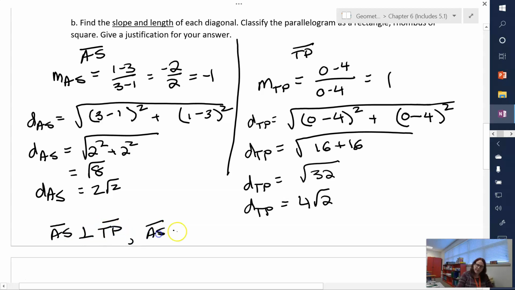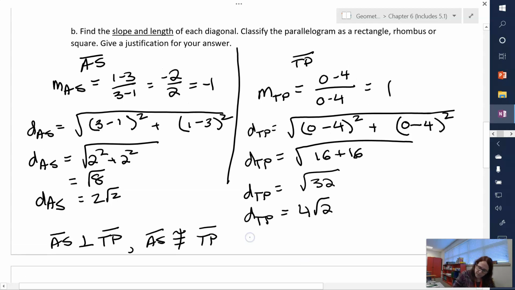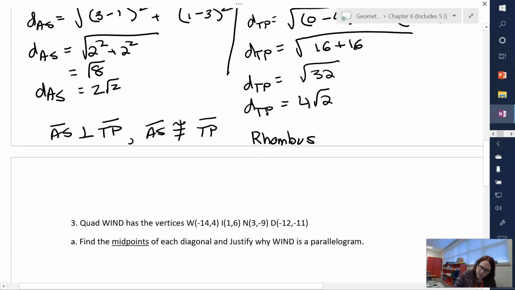Line segment AS is not congruent to line segment TP. So I don't have a rectangle, but I do have a rhombus. And my justification is going to be: quadrilateral with perpendicular diagonals implies rhombus.